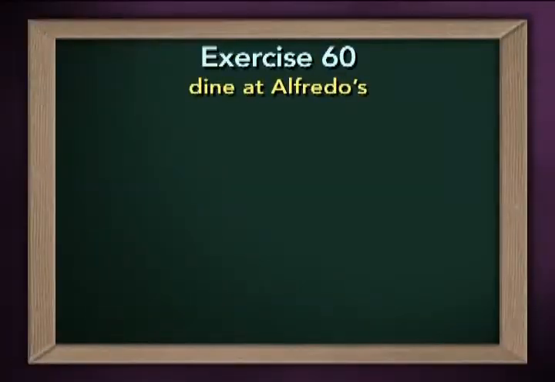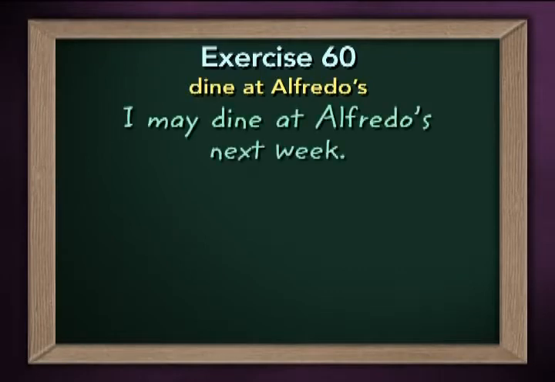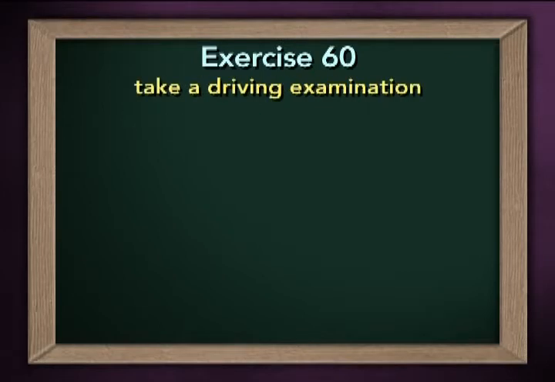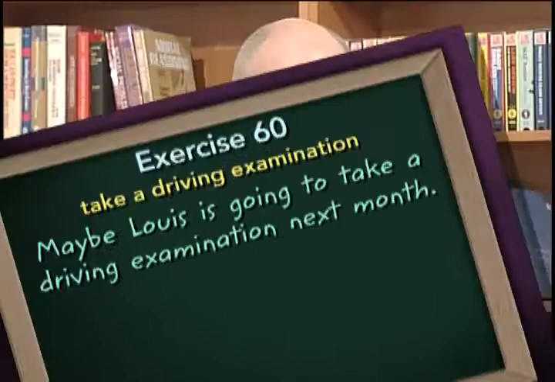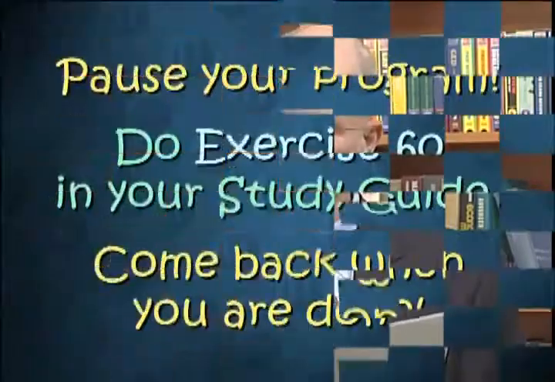You'll see dine at Alfredo's, and you'll write, I may dine at Alfredo's next week. You'll see take a driving examination or test, right? You'll write, maybe Louis is going to take a driving examination next month. Okay? Good. Pause your program, look at your study guide, and complete the exercise. Then return here.